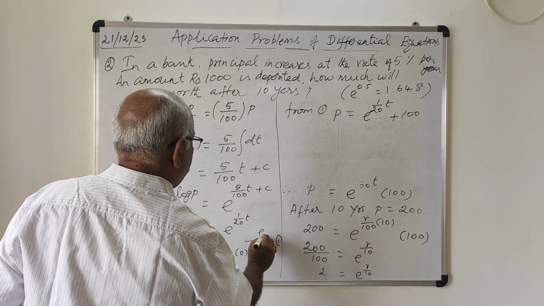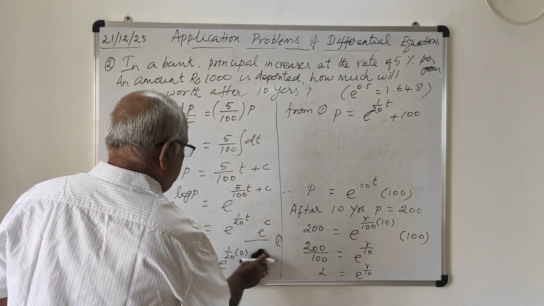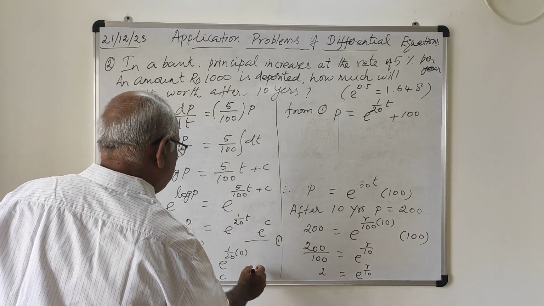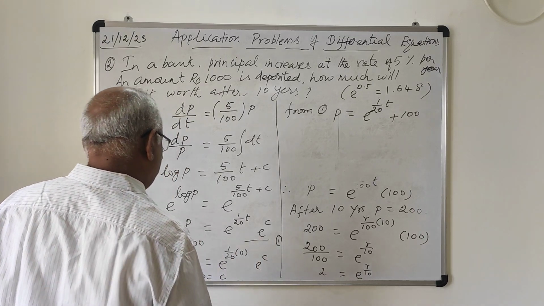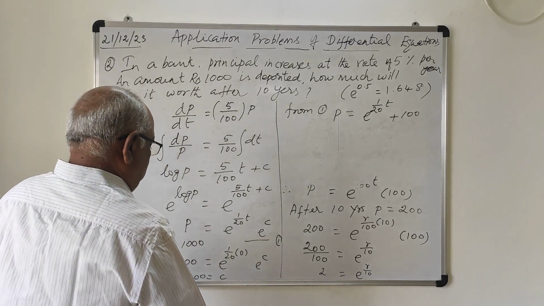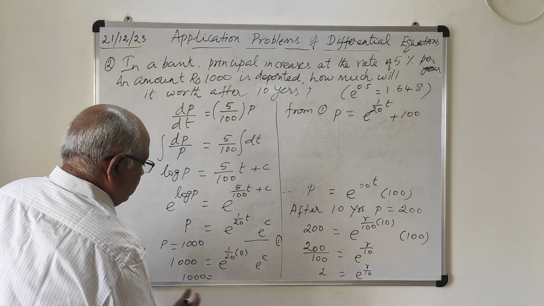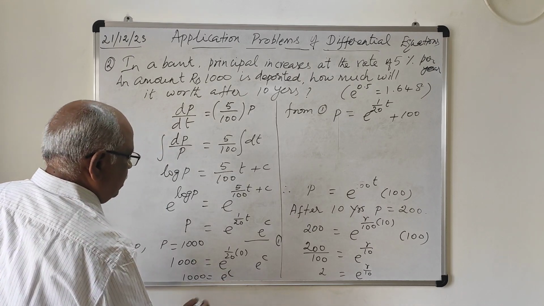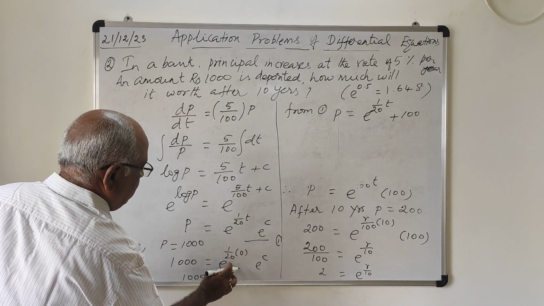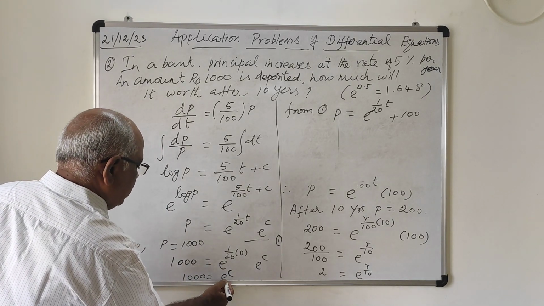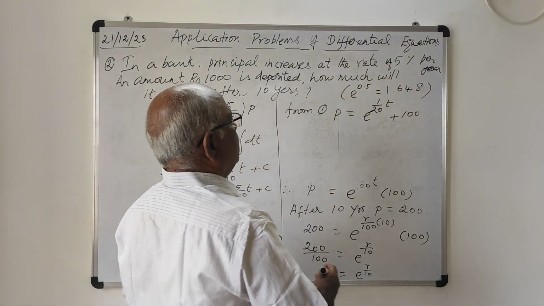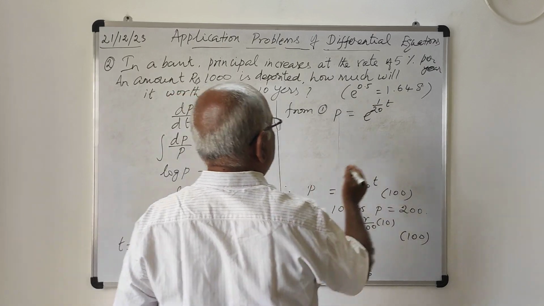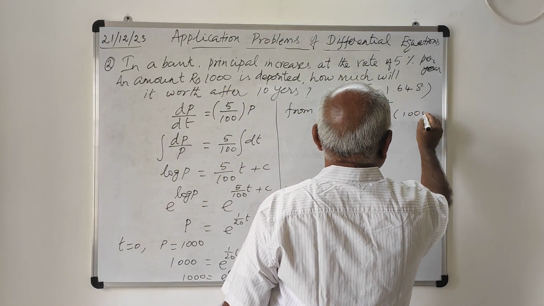So this is e power 1 by 20 t and this is e power c. So e power c is 1000. So P equal to e power 1 by 20 t into 1000.